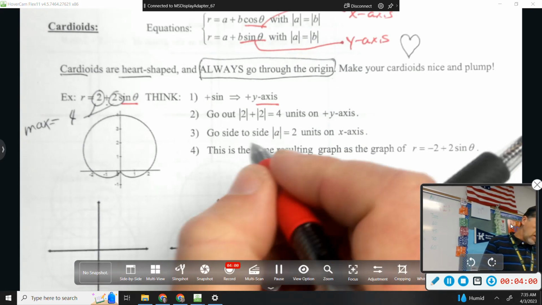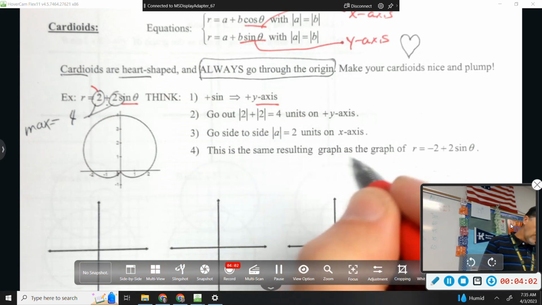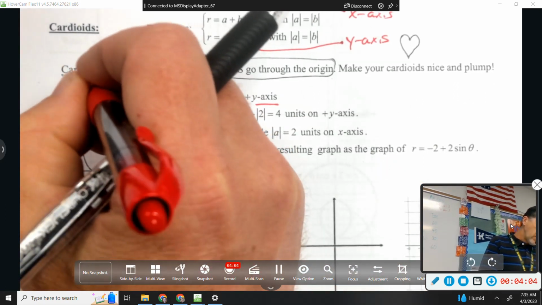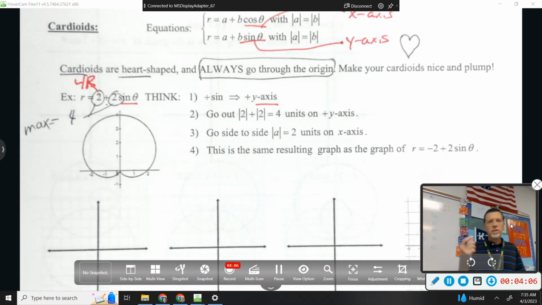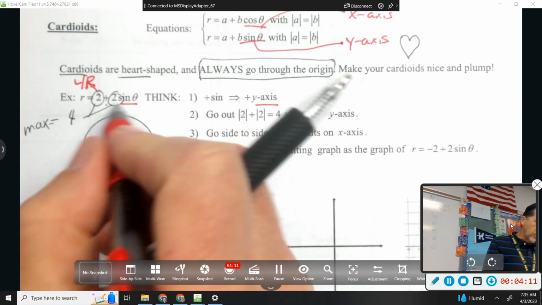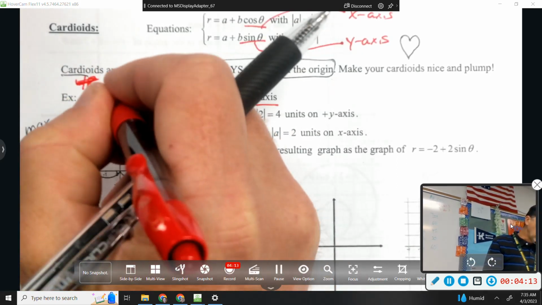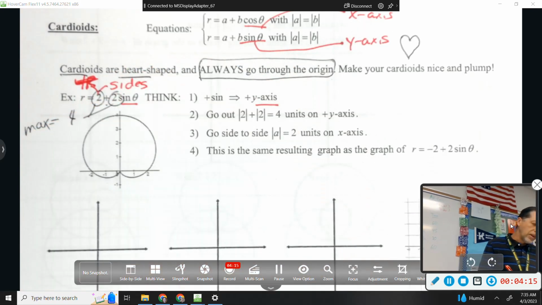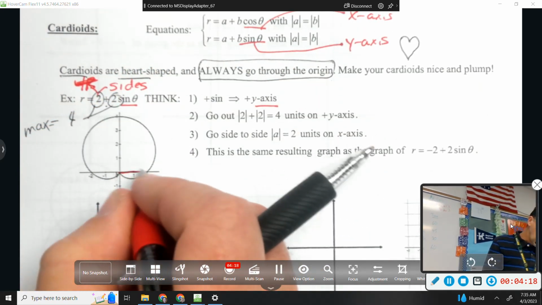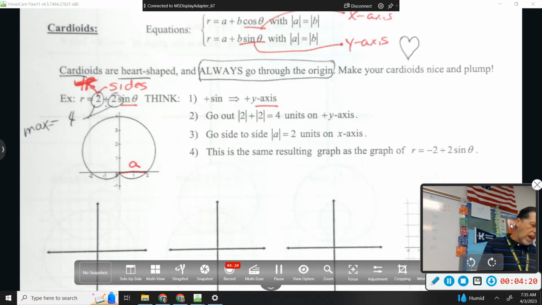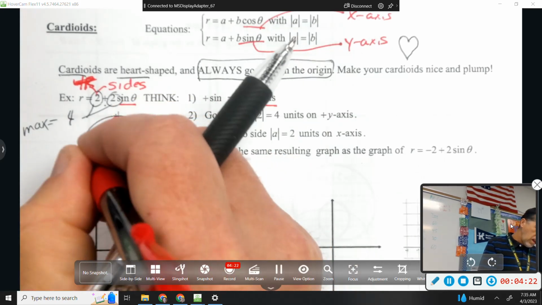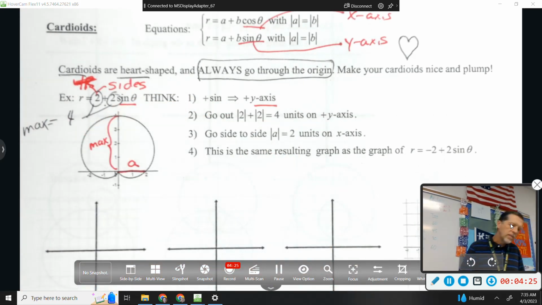And then the a is how far left and right you go. So together they make the max. And I don't know if I should say left and right, because if it's cosine it would be up and down. That first number will make the sides. Maybe that's a better way to say it. So there's the a. There's our max. And so you really start with 4 key points.